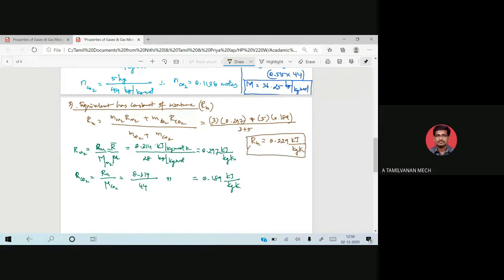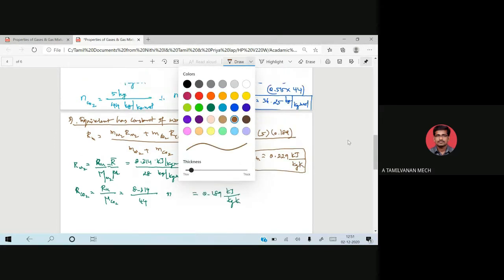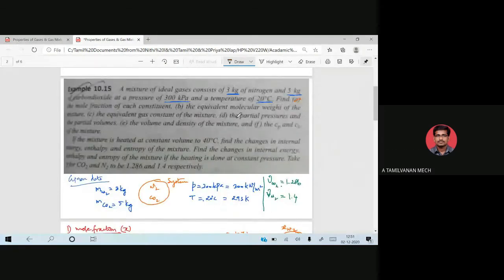This is nothing but the equivalent gas constant of the mixture. Now we are going to find the next one. The fourth one, which is the equivalent gas constant of the mixture, we already found. Next are the partial pressures and partial volumes.